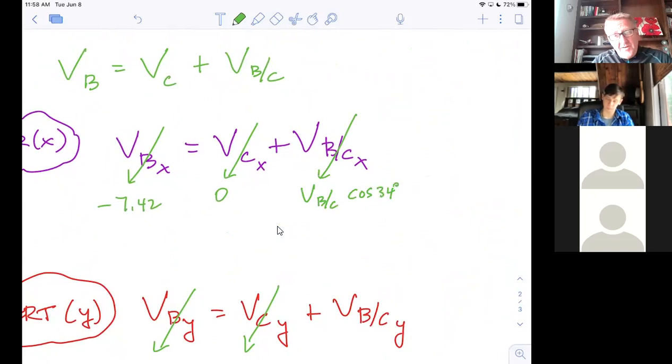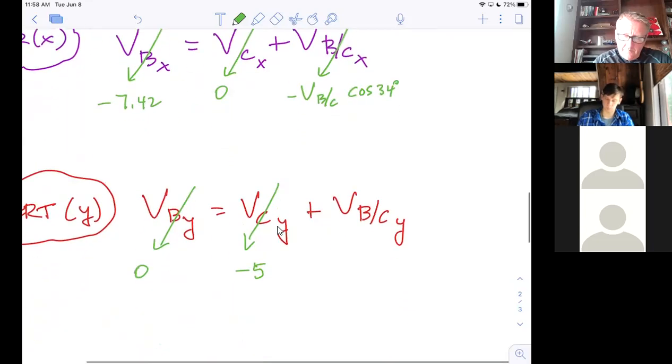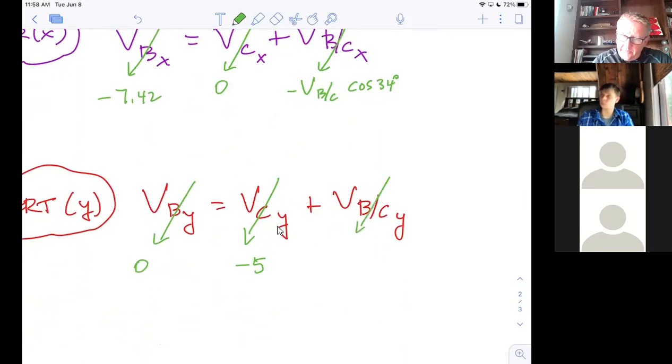Now, again, should I apply my own negative sign to this because I see that it's left? I think the answer to that should be yes. I think I should do that. And down here, similarly, I could say that's also the same as the velocity of B as it rotates around C, but that would be a modification of the sine of 34 degrees. And that is going up, so it would be positive.